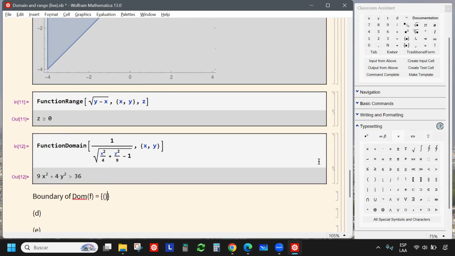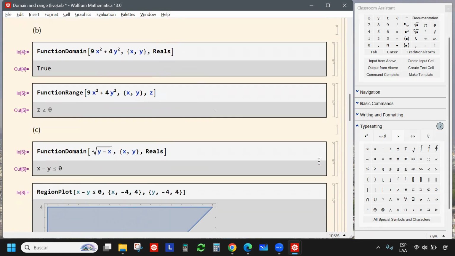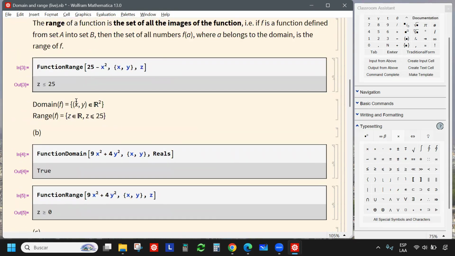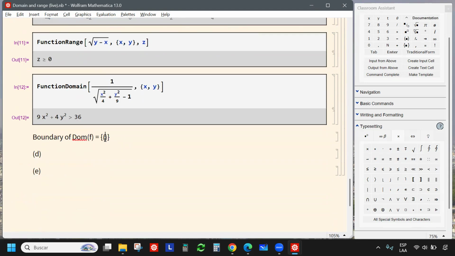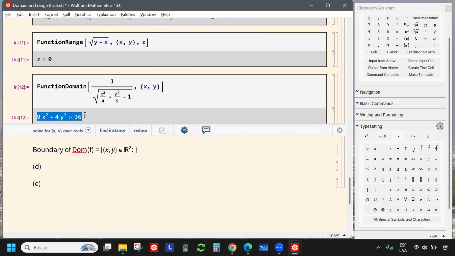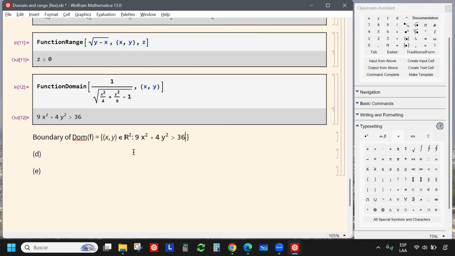I could copy it, or at least the first part, from a previous entrance here. There it is. And the restriction is that 9x squared, I will copy from here and paste below. 9x squared plus 4y squared greater than 36.